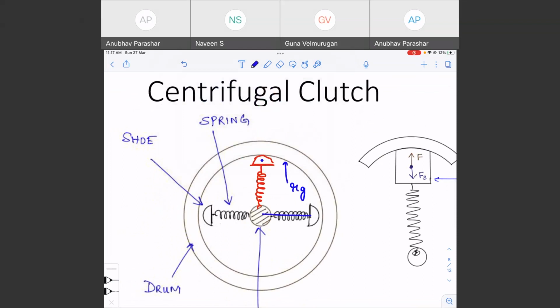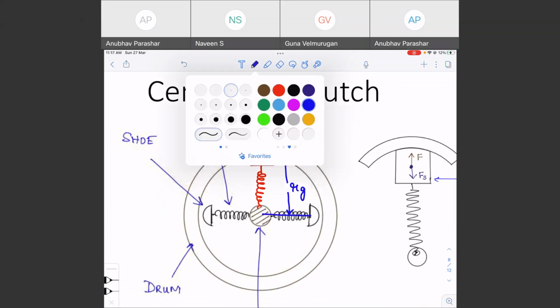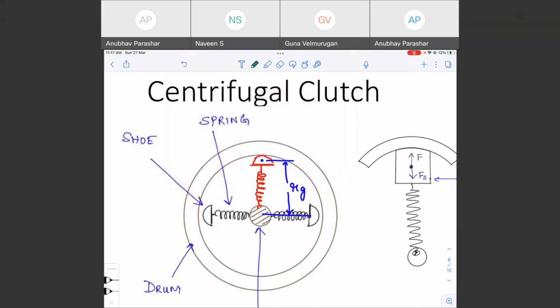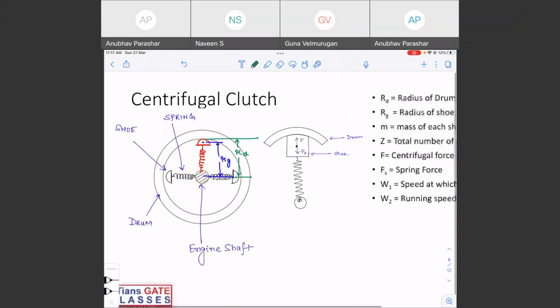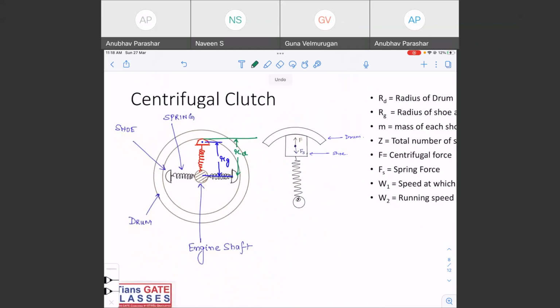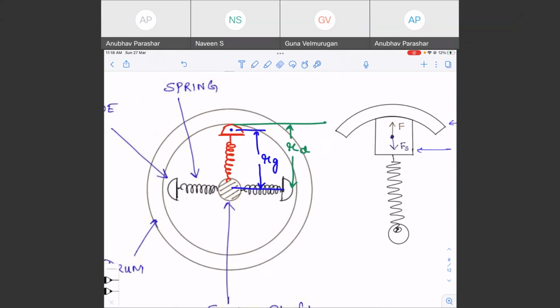From here, if you calculate, this is the radius of the shoe at the engaged position. But the radius of the drum will be slightly different, slightly more in fact. This is the radius of the drum. Are you able to understand?